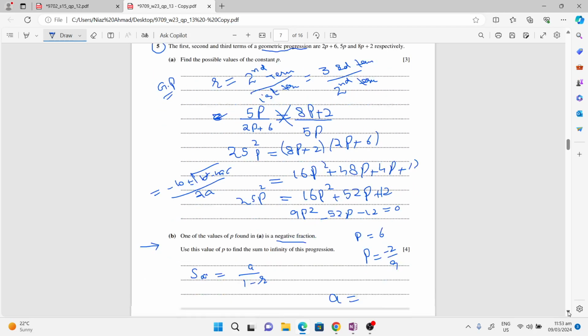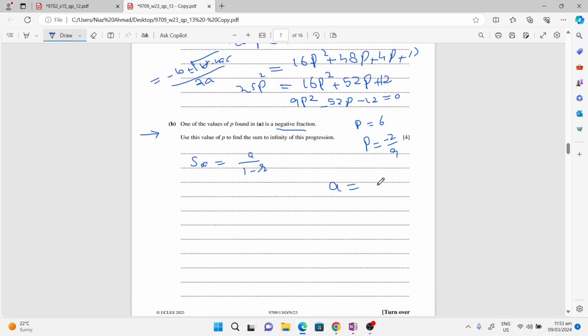We have the value for p, and we are told to use the negative fraction. One of the values of p found in part A is a negative fraction. So 2p, where p is negative 2 by 9, plus 6.